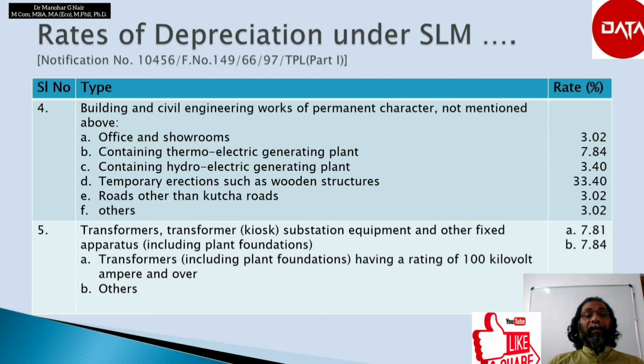Transformers, transformer substation equipment and other fixed apparatus including plant foundations. The rate of depreciation for transformers including plant foundations having a rating of 100 kilovolt ampere and over is 7.81 percent, and others it is 7.84 percent.